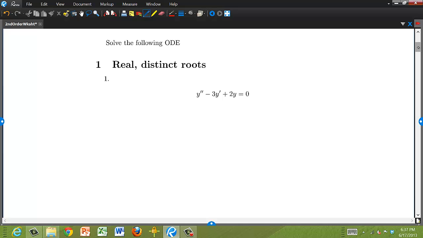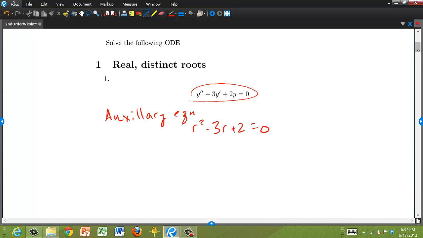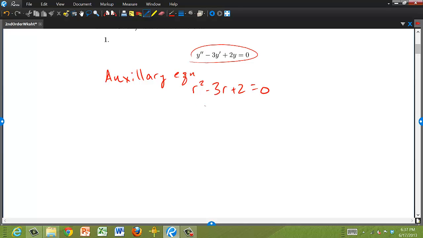If you've read 3.3, then you know if I want to solve this differential equation, y double prime minus 3y prime plus 2y equals 0, I should write down the auxiliary equation, which would be r squared minus 3r plus 2 equals 0. I should try to find its roots. This one's roots I can find by factoring.